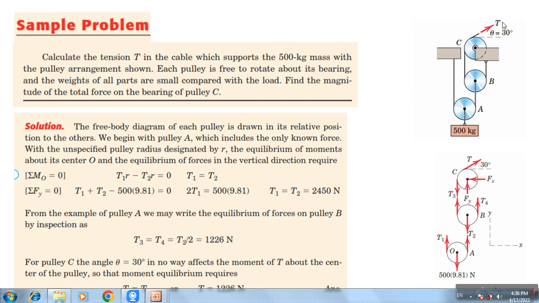I have tension here, and since the tension in B is equal to T3, the same tension in the pulley C is called T3.